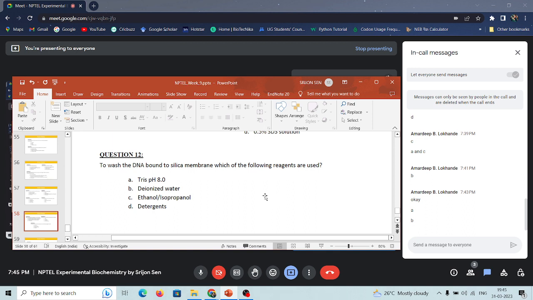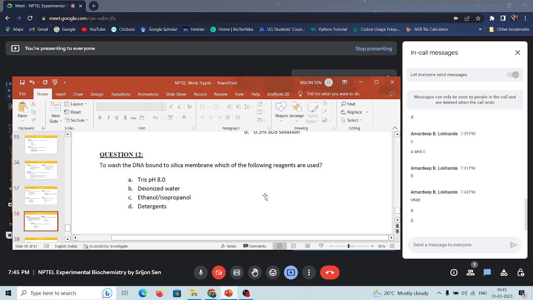When you use different kinds of kits for DNA purification and DNA isolation, you will see that you get a very small amount of a solution, and you are asked to add some amount of isopropanol or ethanol into it. After that, you can use that solution.